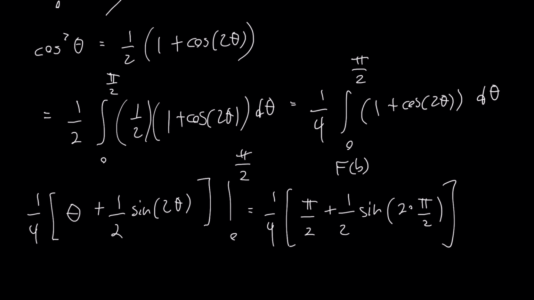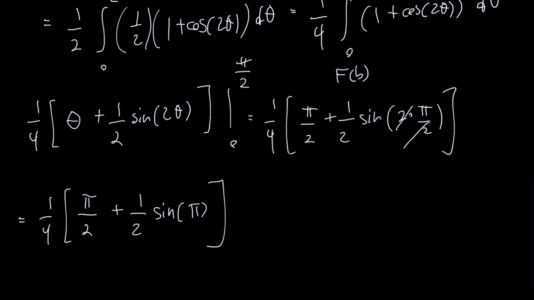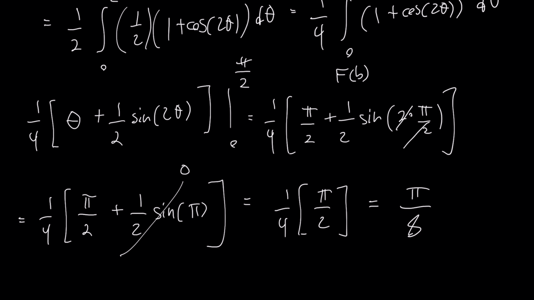You notice if you plug in 0, you have 0 plus 1/2 times the sine of 0, but that would just be 0. And as you can see, the 2's divide to 1, and we have 1/4 times (pi over 2 plus 1/2 the sine of pi), but we all know that the sine of pi is 0. So we're left with 1/4 times pi over 2, or in other words, pi over 8.